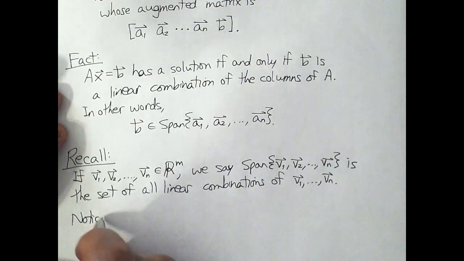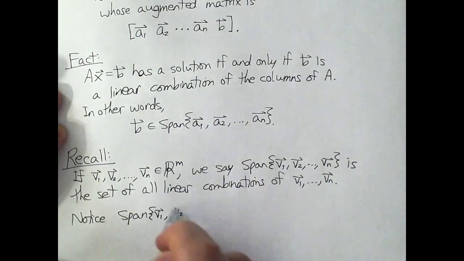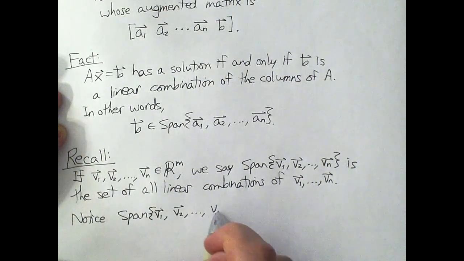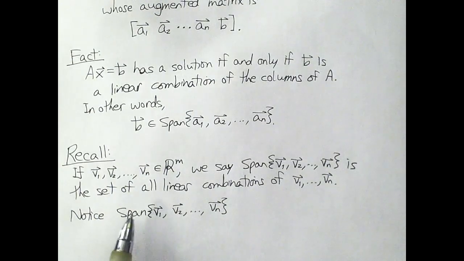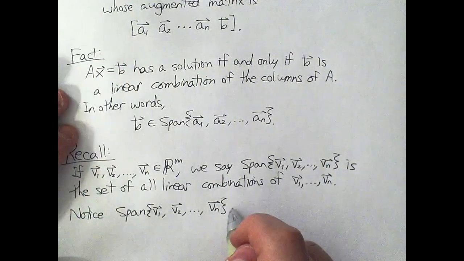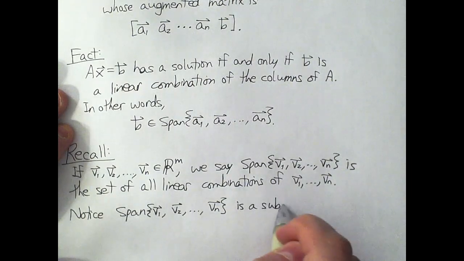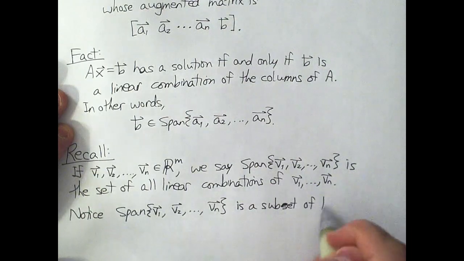Notice that the span of a set of vectors like this, it's a set of vectors, right? Some vectors are in this set. Some vectors might not be in this set. I want to say notice that it is a subset of Rm.